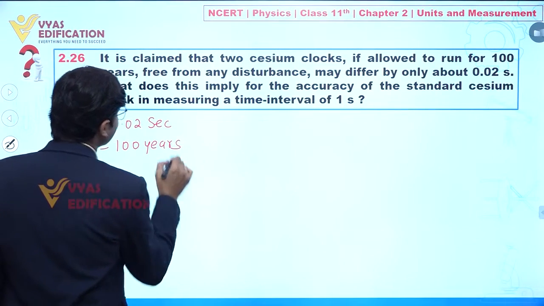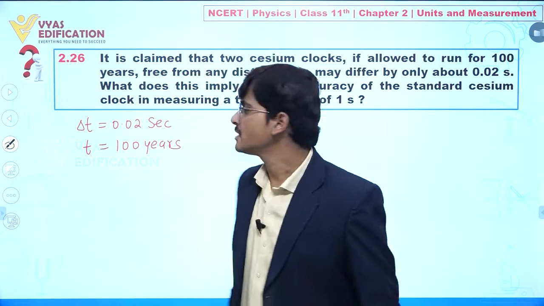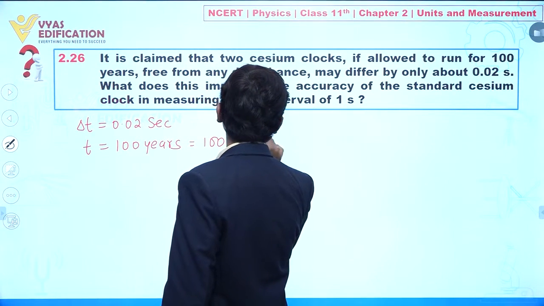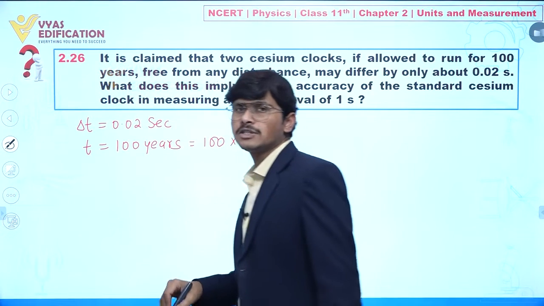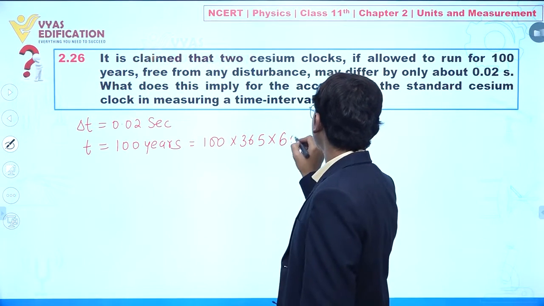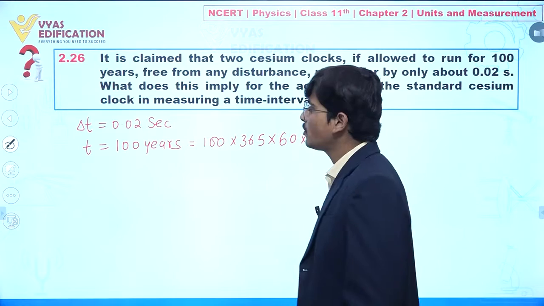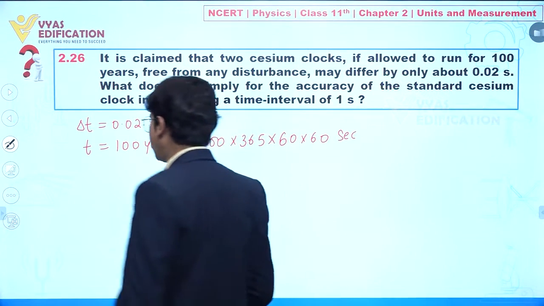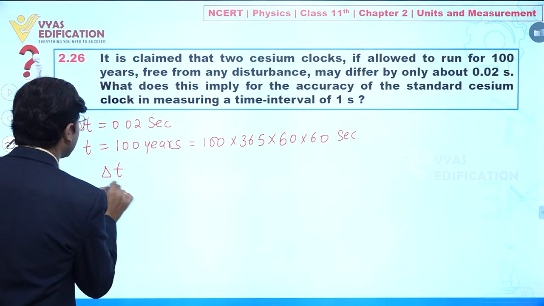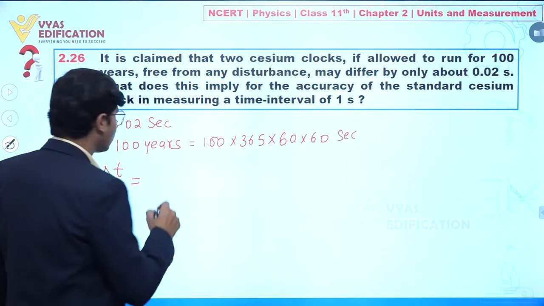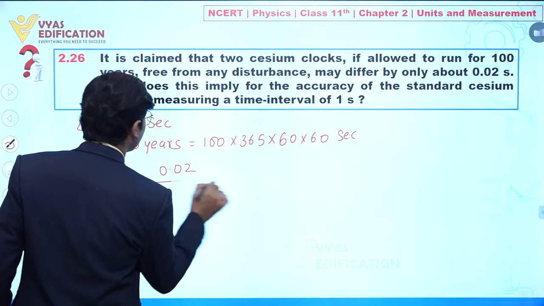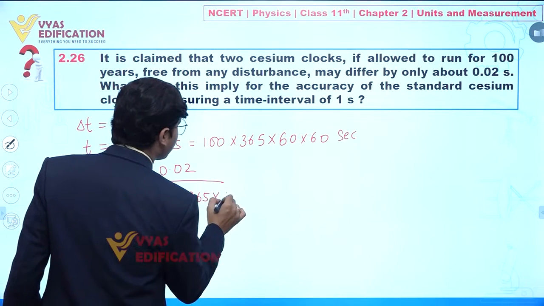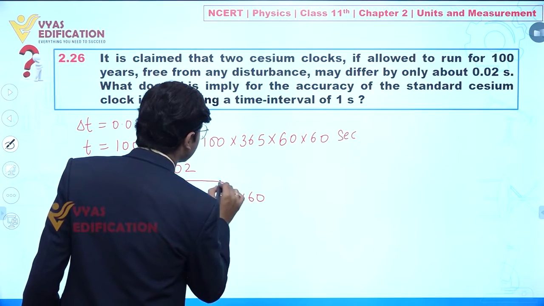So can we convert this time into seconds? Yes. In 1 year, let's suppose a total of 365 days, and in 1 day we have 60 into 60 seconds, so like this we can find this time in seconds. If we write the fractional change in time, delta t by t, this should be equal to 0.02 divided by 100 multiplied by 365 multiplied by 60 into 60.